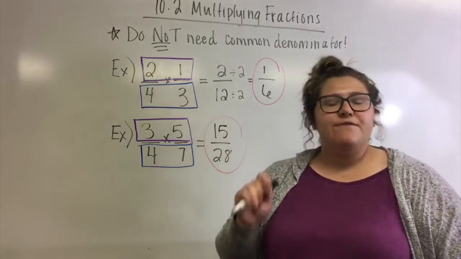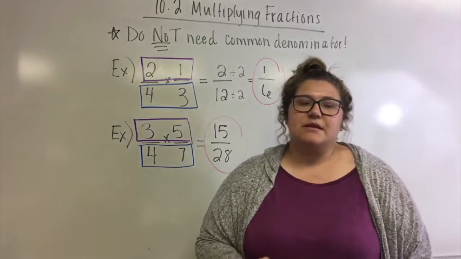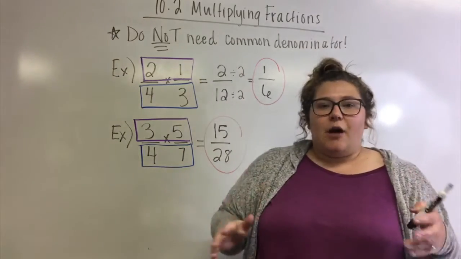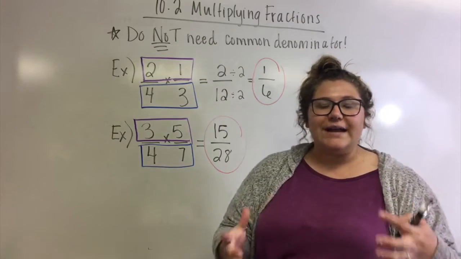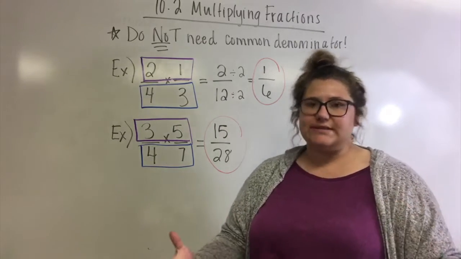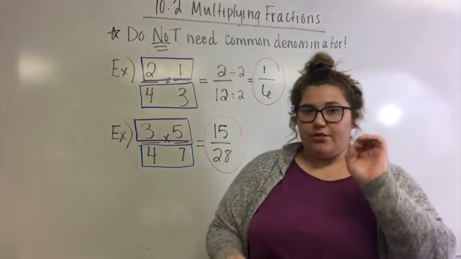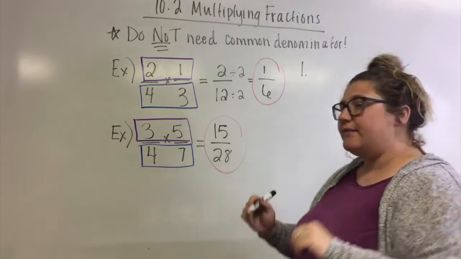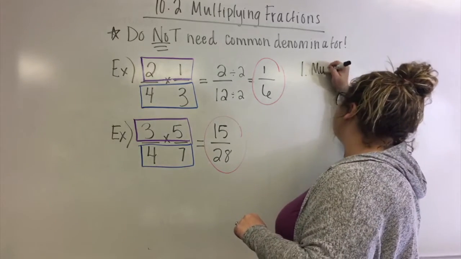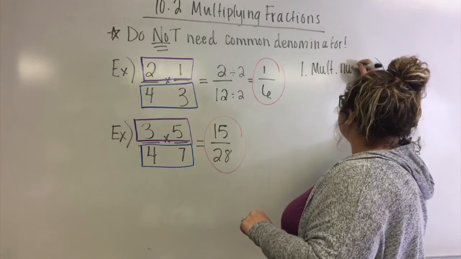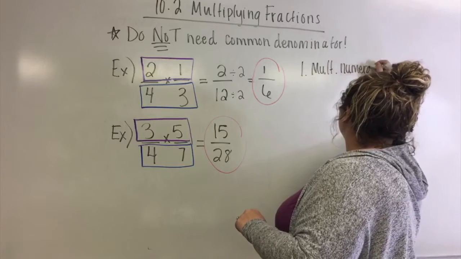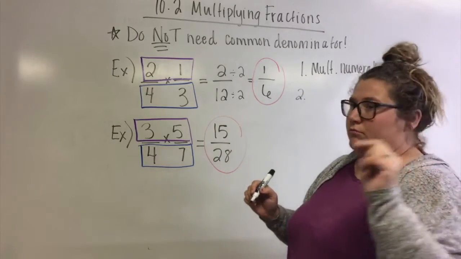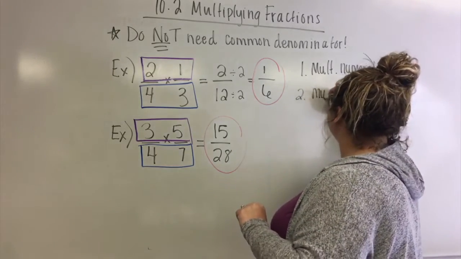So as we look at these two problems, the very cool and very important thing we need to know when we multiply fractions is that they do not need a common denominator. So you don't have to worry about finding the common denominator. How cool is that? But we have 3 steps. First, multiply the numerators across. 2, multiply the denominators.